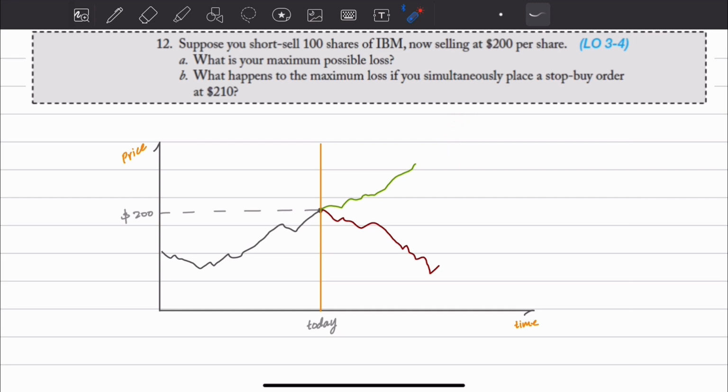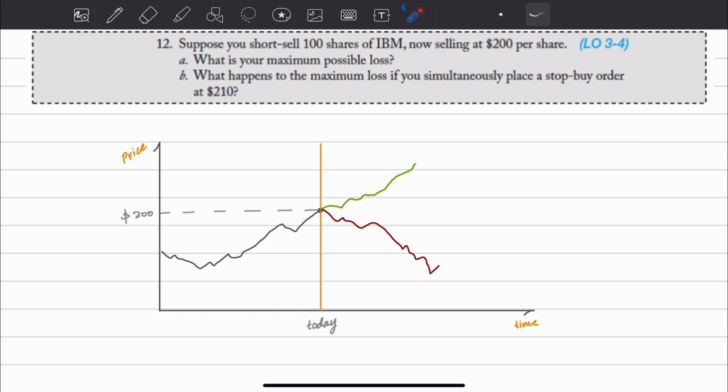So when you go long on the stock, you buy it today and hold on to the stock, your loss is limited. It could go down from 200 to $0, and that would be your maximum loss. Okay? But the maximum profit you might generate is unlimited. So what happens when you go short on the stock? You borrow the stock today and sell it, and you want to buy it again in the future.